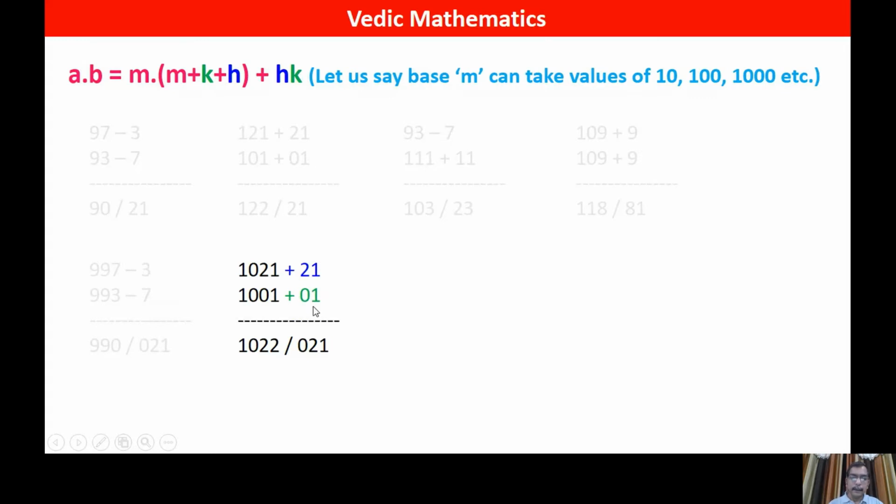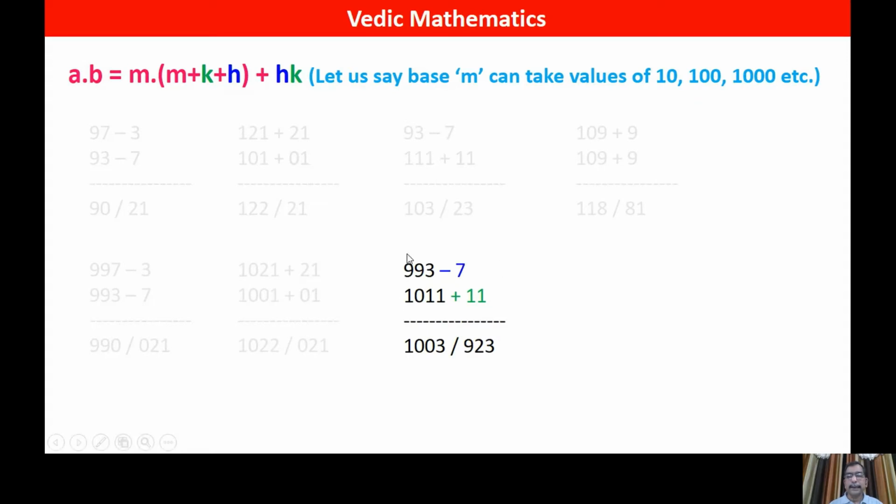Again, the base is 1000. 1022 becomes the number at the thousands position, and 21 times 1 is 21. Before that there will be a 0. So 1022021 is the answer for this multiplication.